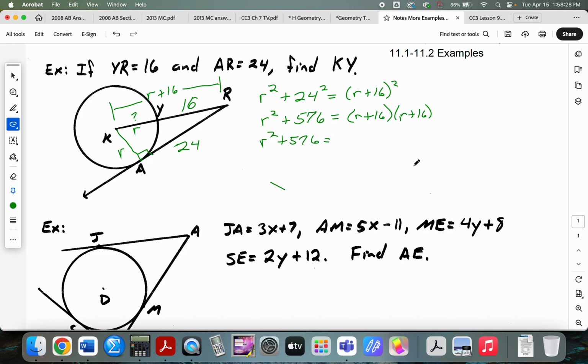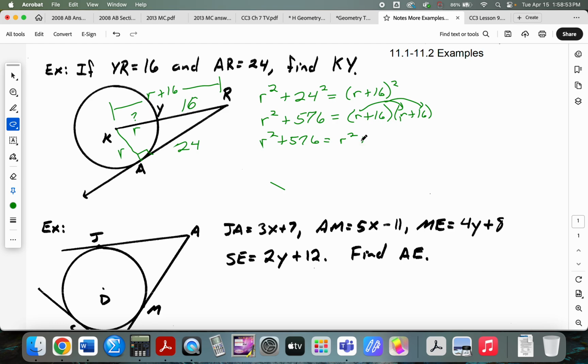On the right side, when you were in Algebra 1, you may have called it FOIL, but it's the distributive property. We're just going to distribute the R, and then we're going to distribute the 16. So when we distribute the R, we'll have R times R, and then R times 16. R times R is R squared.